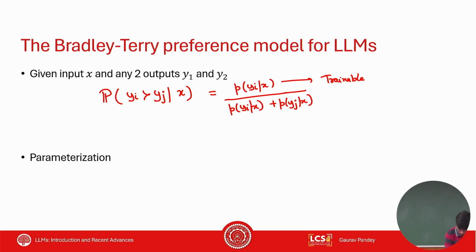The way I can parameterize this p of yi given x, so these are not probabilities, they can be anything, is as exponentiated r theta of x comma y. r theta is a neural network which takes your prompt and your output yi as input and generates some score as output.